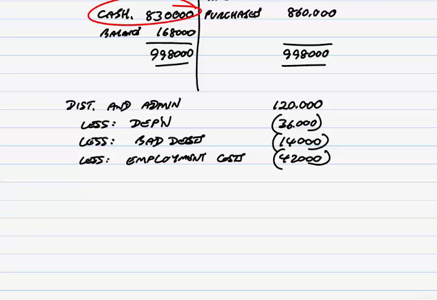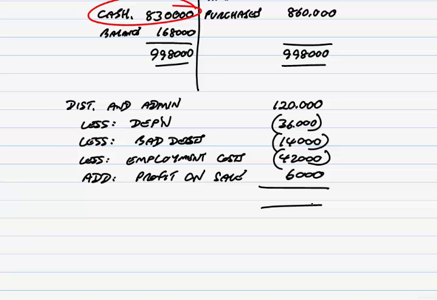Well, remember, we're trying to get the cash expense. The profit itself isn't cash. We need to add back the profit on sale. 6,000. Which means the actual cash we paid for other payments, 120 minus 36, 14, 42 plus 6, is 34,000.